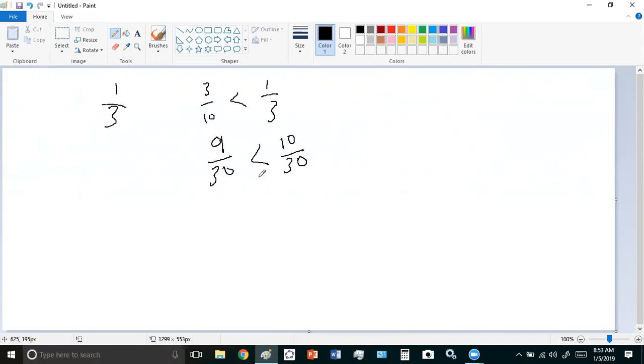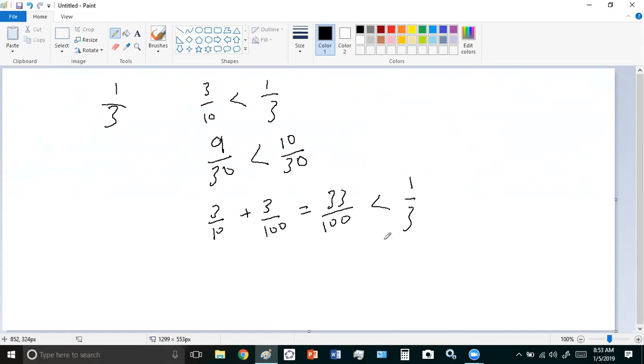Similarly, if we add another 3/100, so maybe it's 3/10 plus 3/100, which is the same as 33 over 100, that's still less than 1/3.